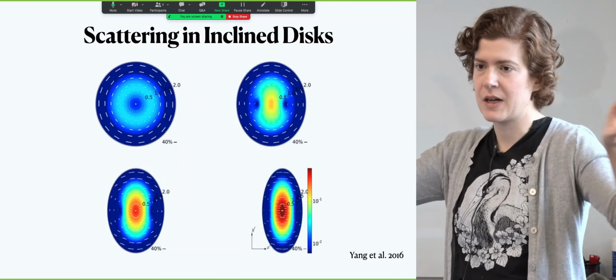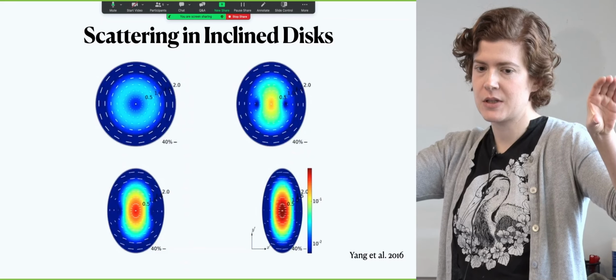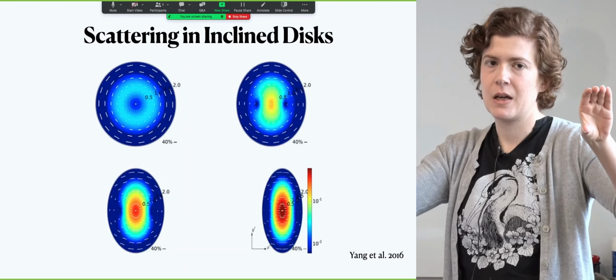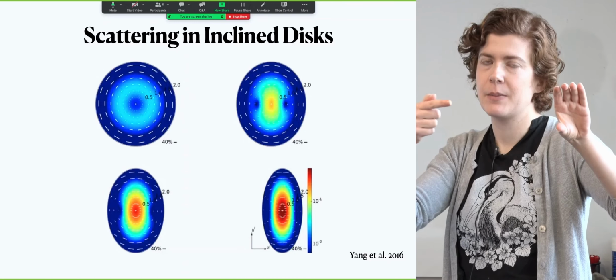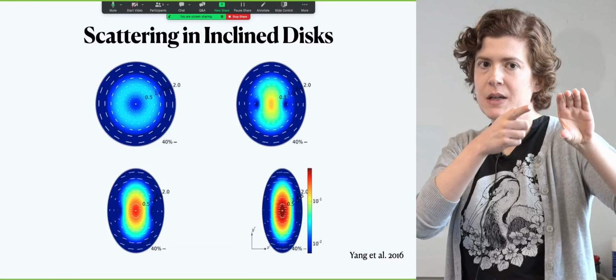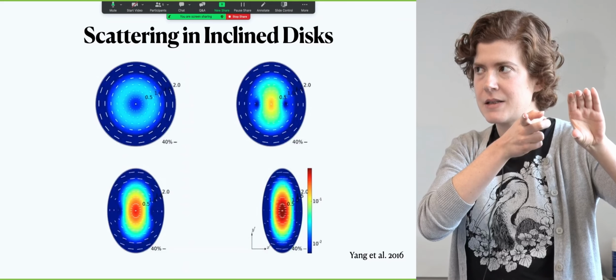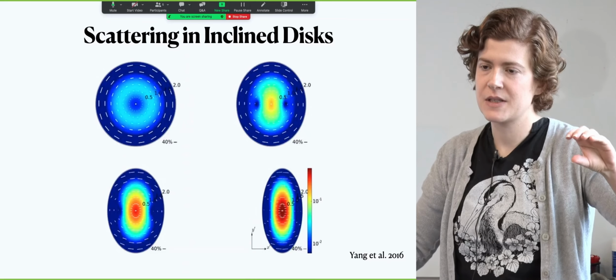So imagine you've got an edge-on disk, you have a photon that's coming out from the center of the disk, let's say along the disk's major axis, it hits a dust grain, and if it's scattered at a 90-degree angle, that 100% polarized light is scattered into your line of sight.